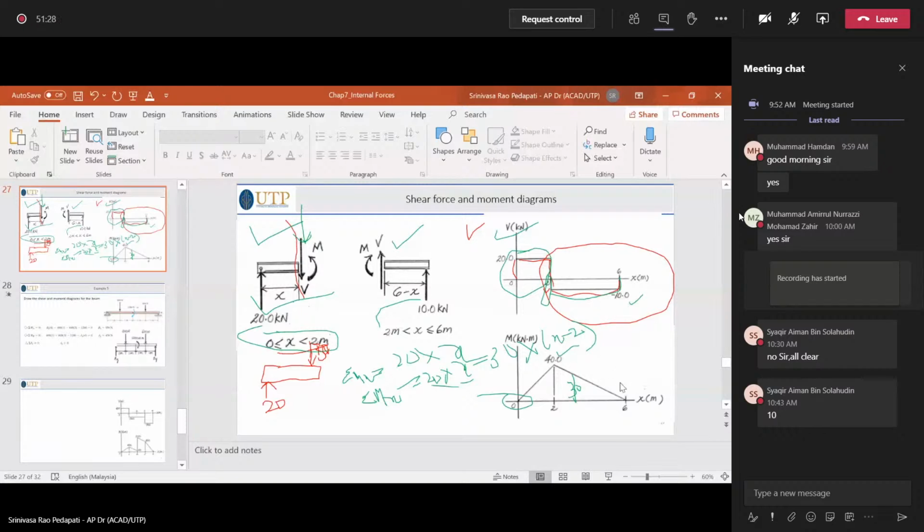10 into 1, 10. So similarly, if it is 2 meters from B, what is the moment at a point 2 meters from B? Normally this is the type of question. What is the moment acting at a point 2 meters from B?